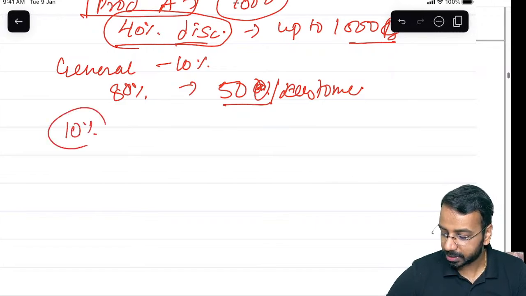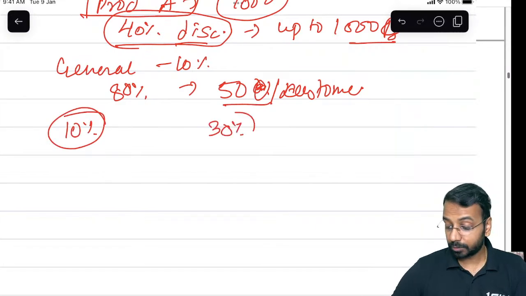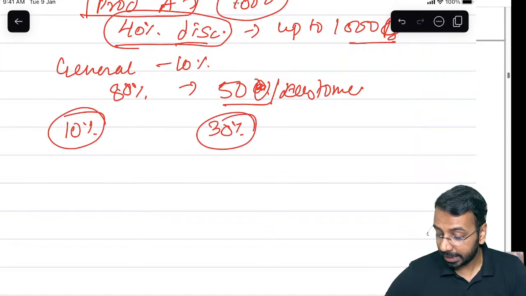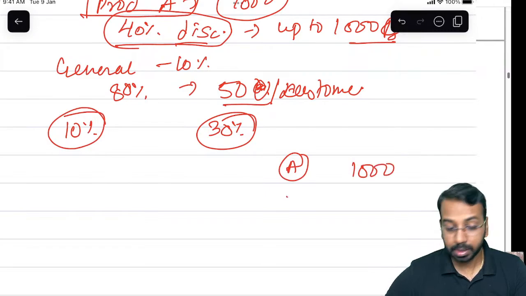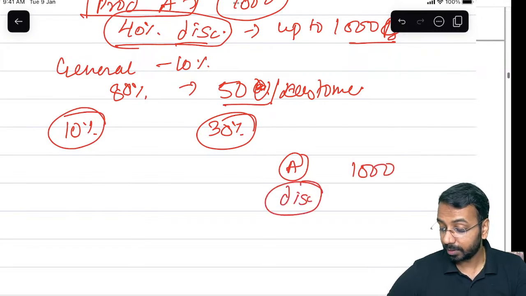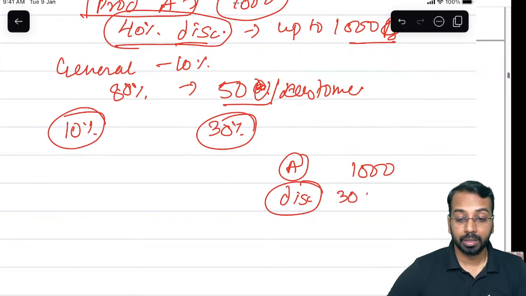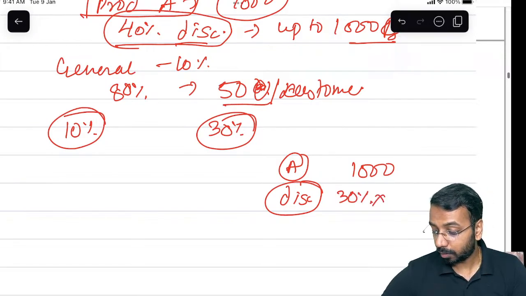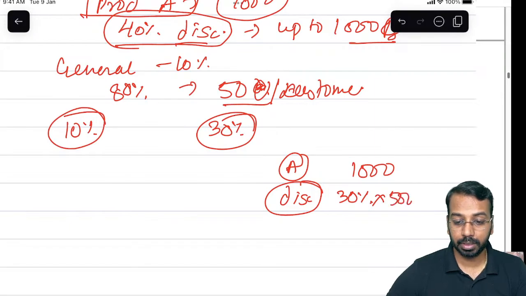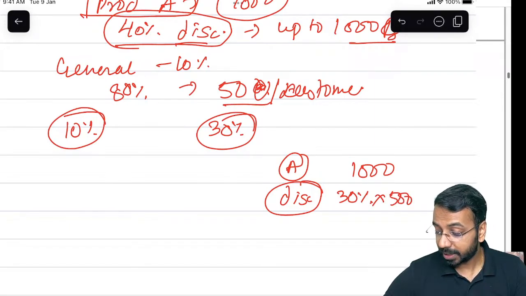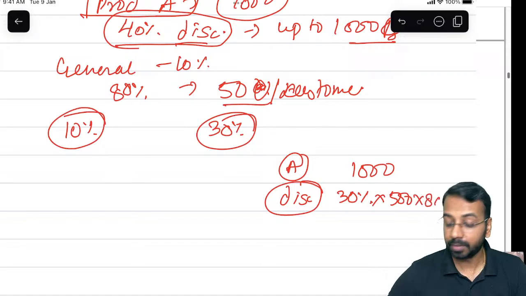So the additional 30% becomes my obligation. Now what you have to see is, I gave product A with a standalone price of 1000. I am giving a discount of 30%, and this 30% is on a product value of 500, and I expect 80% usage, meaning 80% of them will use it.